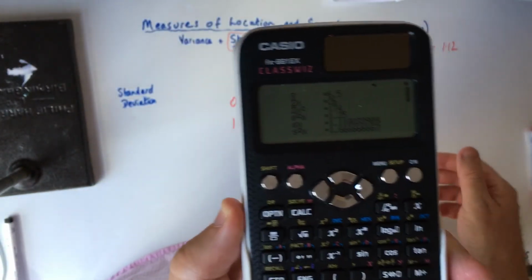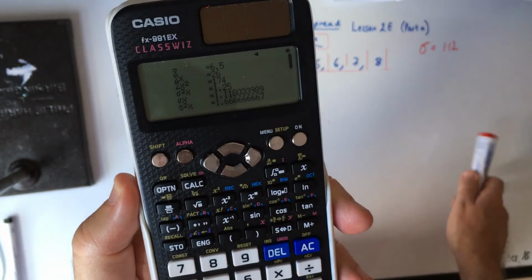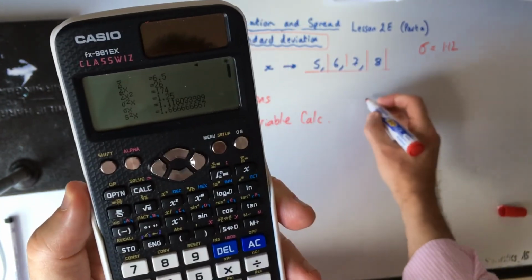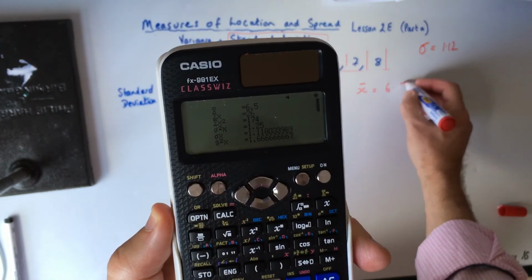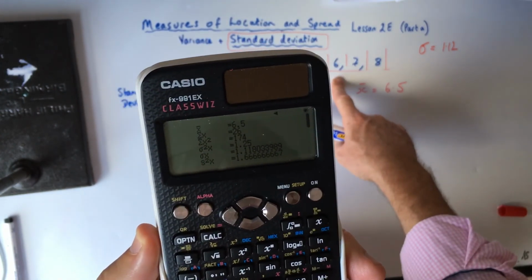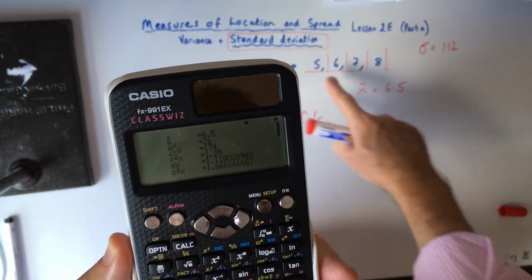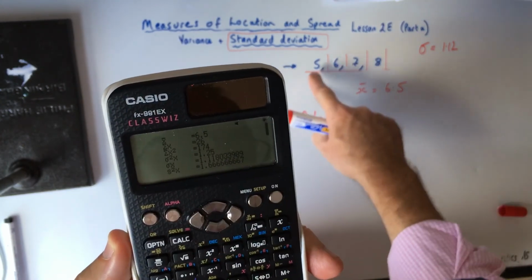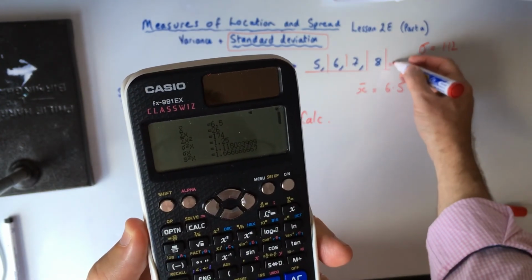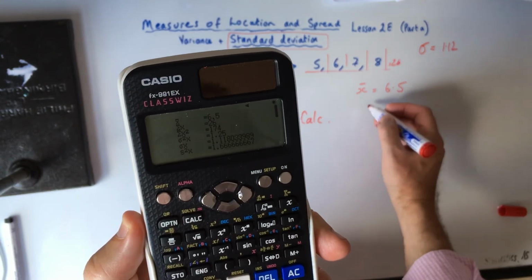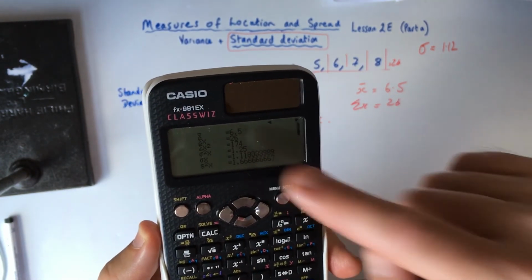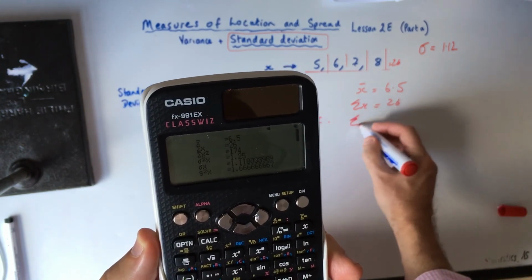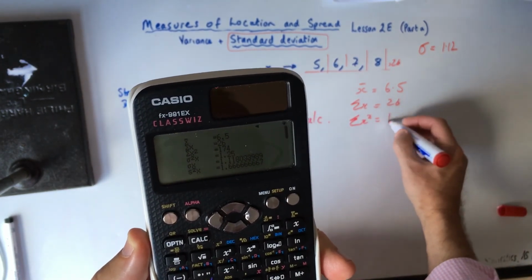If you look at that now, can you see that top row? It's got x bar there, and it tells us the mean was 6.5. We know the sum of all of those numbers. The sum of x, all those numbers add up to 26. It gives us the sum of x squared, 174.